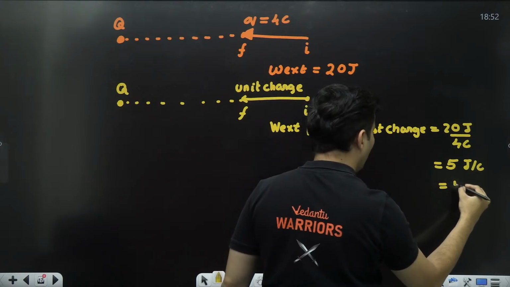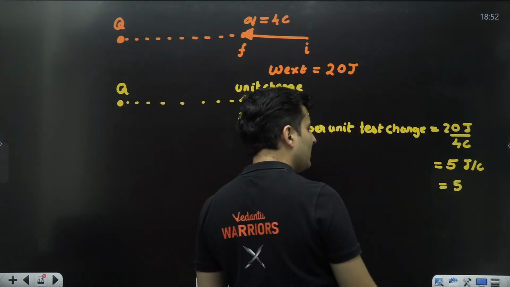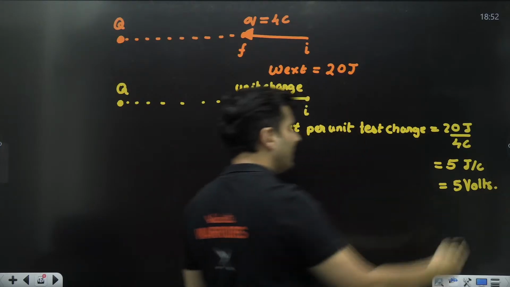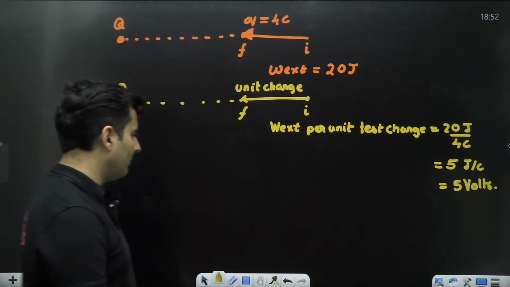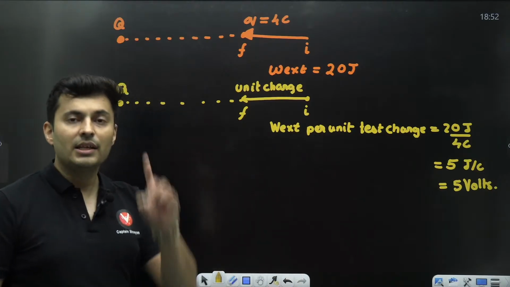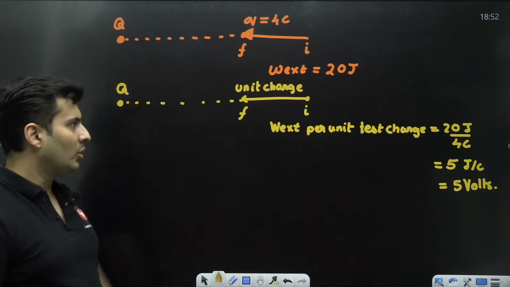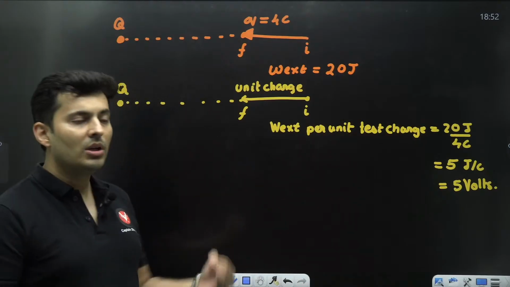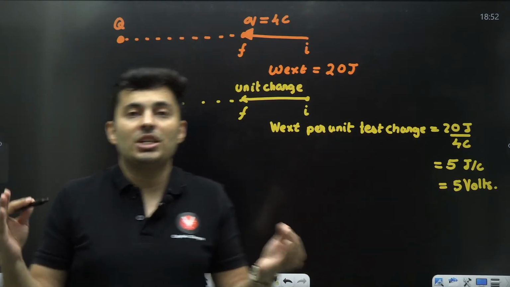That is basically called 5 volts. So in fact, that is how the definition of volts comes. Voltage is a unit of something called potential. This work done per unit test charge is also basically the potential difference.